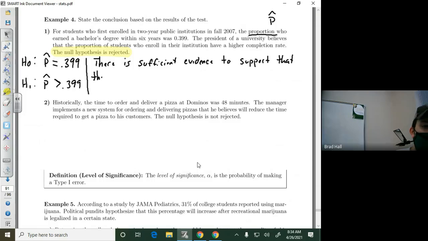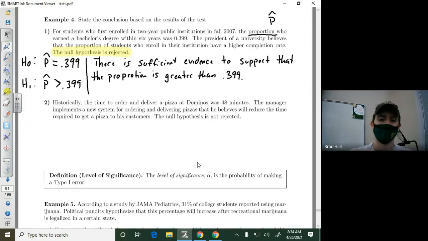So support that the proportion is greater than 0.399. So basically, whenever you reject a null hypothesis, then the alternative hypothesis can be stated. Simple as that.